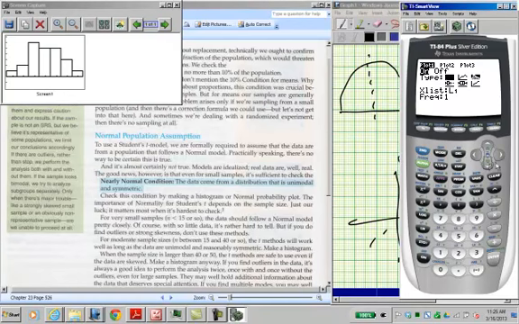I'm going to arrow down. This is this guy all the way at the end here. I hit enter. And okay, L1 is where my data is from, but I want the data axis to be on the y-axis. It's just a little bit easier to see. And then the estimated z-scores will be on the x-axis. So I'm going to hit zoom 9.